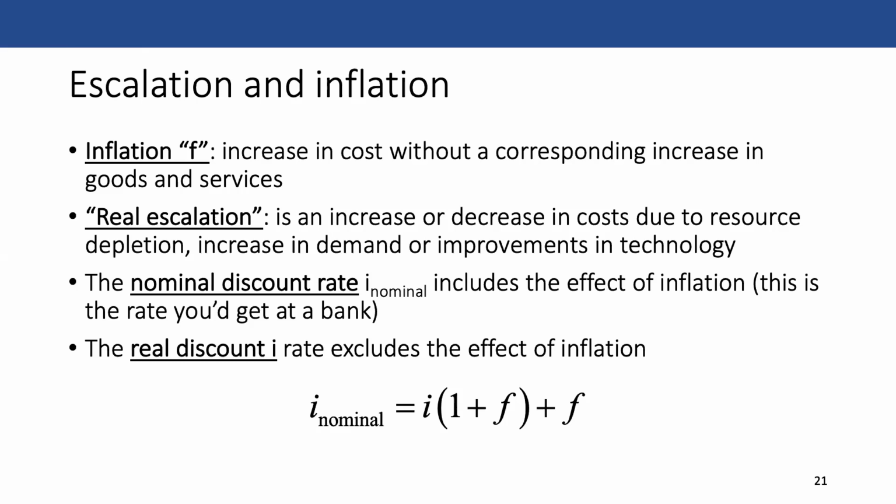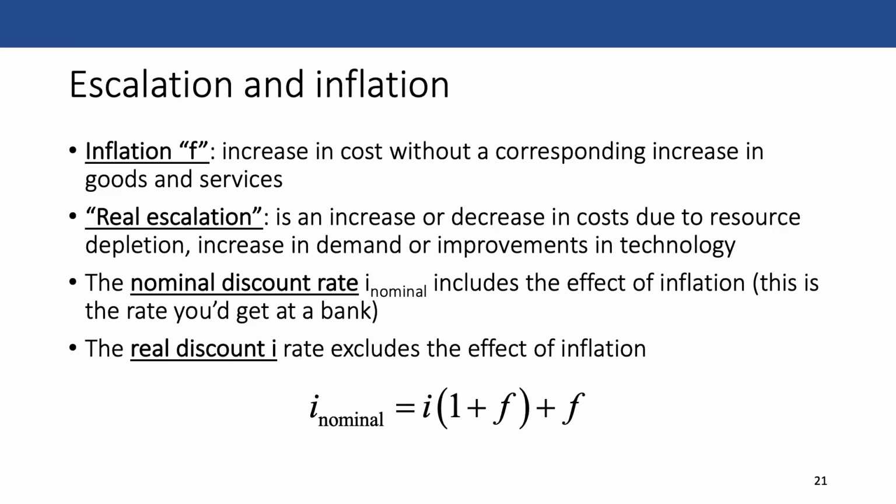So, back when I was in grade school, soda cost $1, and that may increase now to $1.50, $2. So that's exactly the concept of inflation specifically for that good.